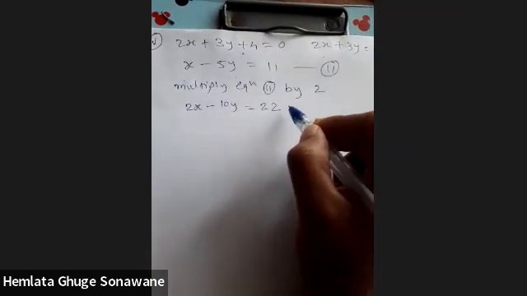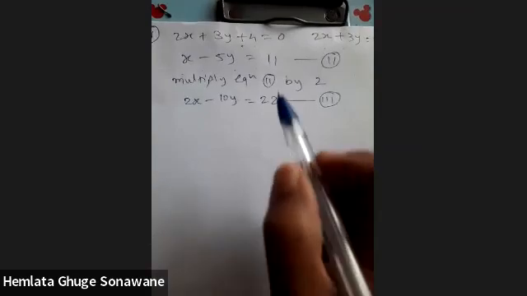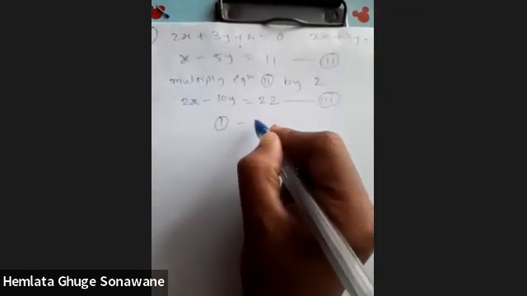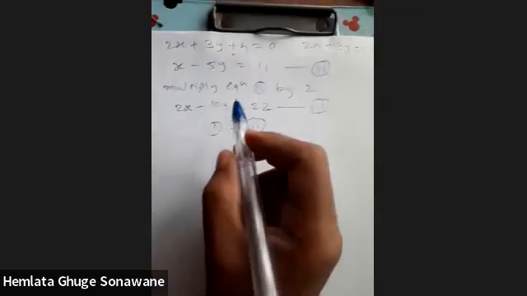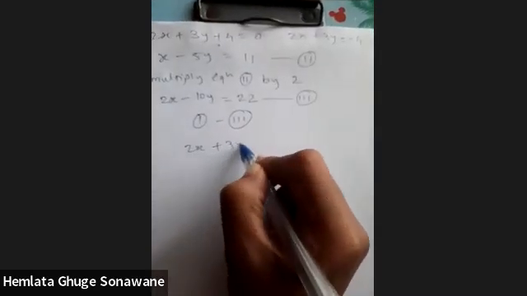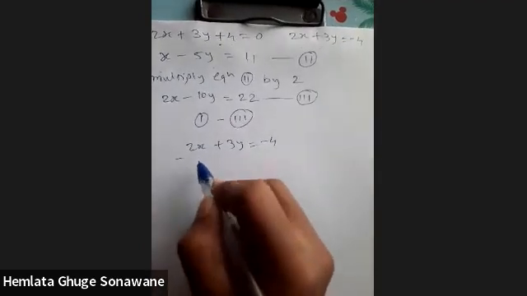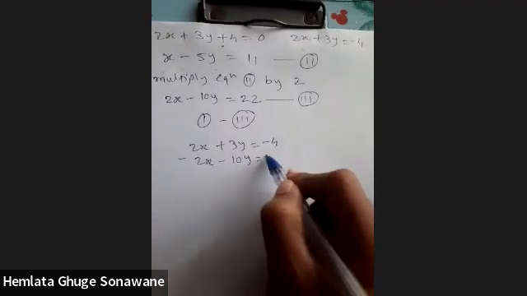Okay, this is our equation number 3. Now we subtract equation 3 from 1. So 1 minus 3. Our equation number 1 is 2x plus 3y is equal to minus 4, minus 2x minus 10y is equal to 22.